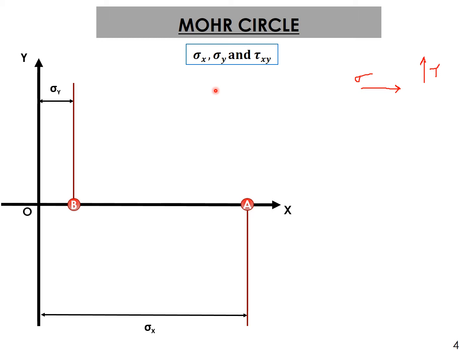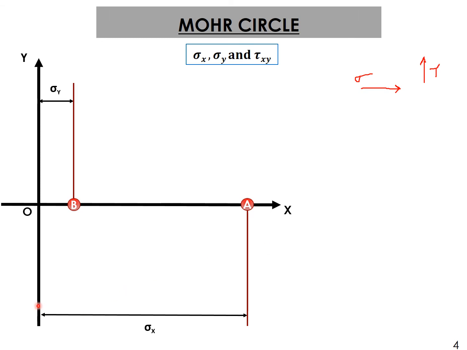Let's suppose your sigma y is negative, what will happen? It will go on the negative side, on the left hand side. Simple coordinate system. Now we have marked two points A and B using normal stresses in the x and y direction. Now left is shear stress.